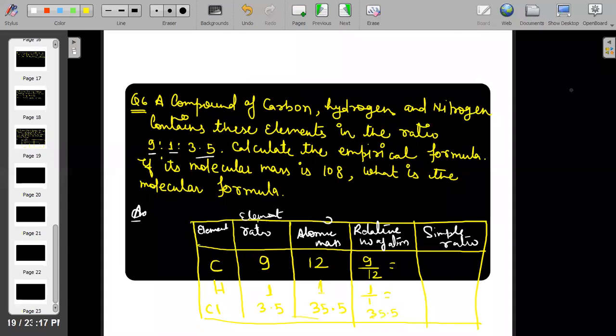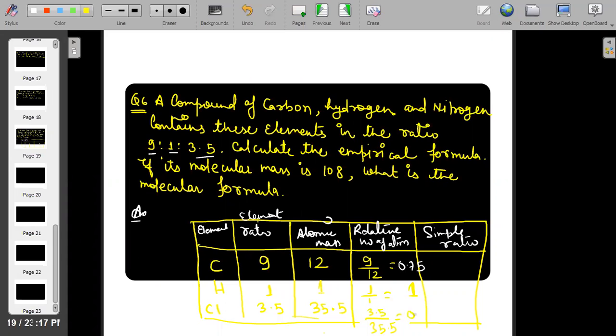Wait for a moment. Here it is 3.5 divided by 35.5. Now, how will you solve it? When we divide 9 by 12, we get the answer 0.75. Here I am getting 1, and here 0.25.